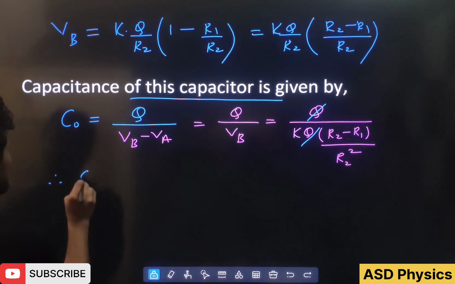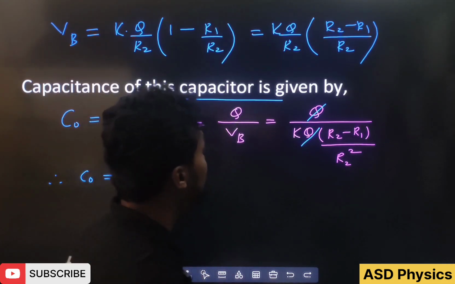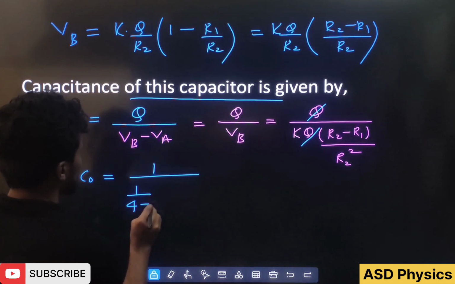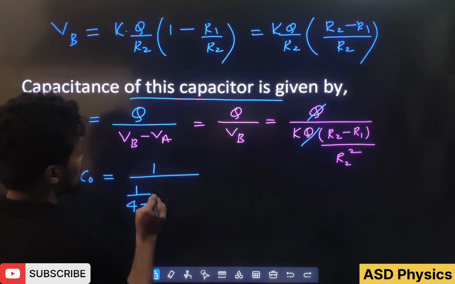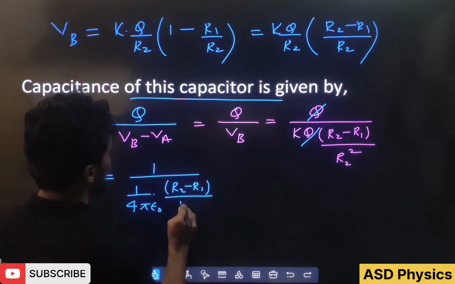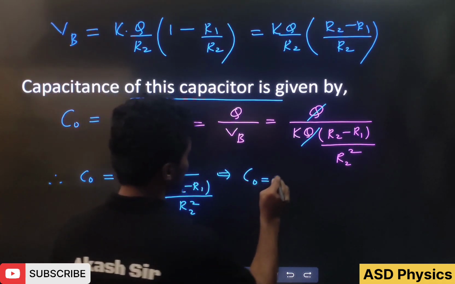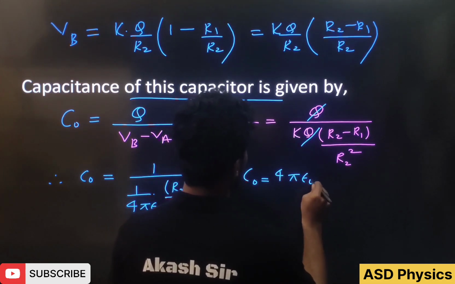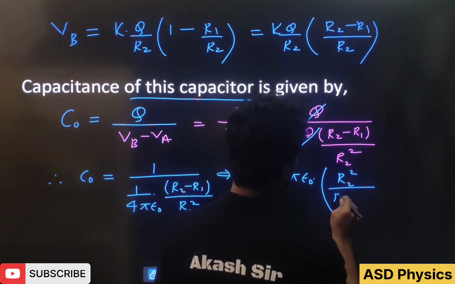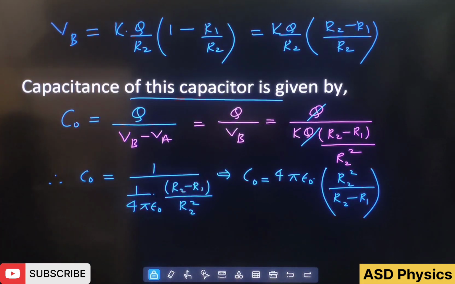That means C naught is equal to K, which is 1 by 4 pi epsilon naught, into R2 minus R1 by R2 square. So this capacitance will come as 4 pi epsilon naught R2 square by R2 minus R1.